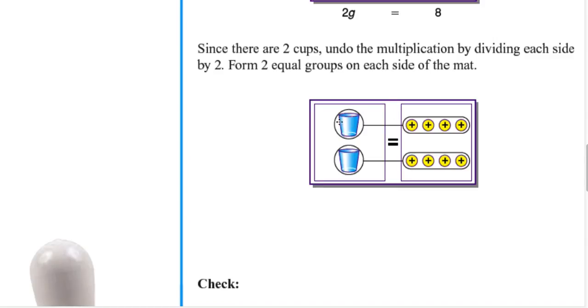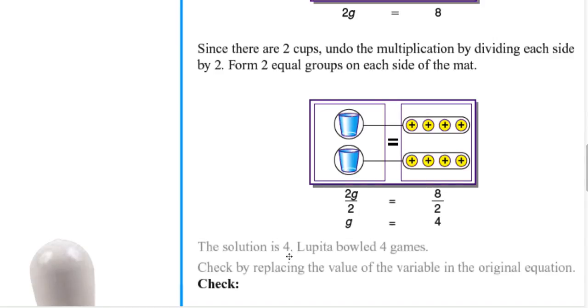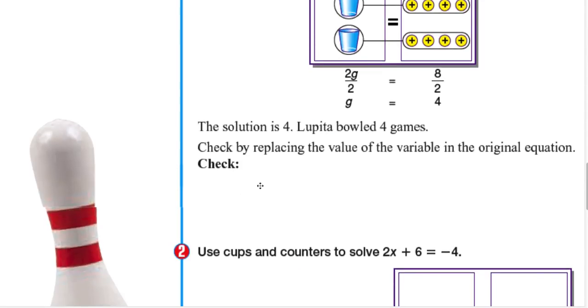And we know that 1 cup represents 4. So we have G, 2G divided by 2 and 8 divided by 2 will simply get us G is equal to 4. So the solution is 4. Lupita bowled 4 games. So check by replacing the value, see if it makes sense or not.